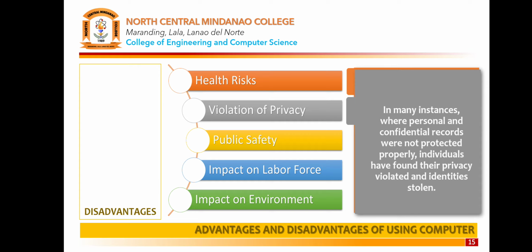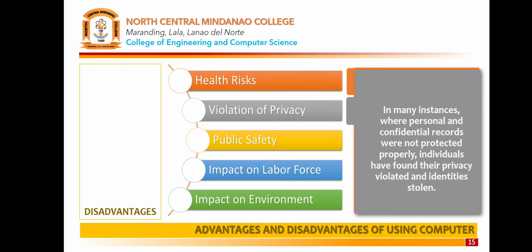In many instances where personal and confidential records were not protected properly, individuals have found their privacy violated and identities stolen, what we call phishing, where your name and your information are used to steal, like your identity is stolen and used to do bad things. So in short, our privacy is being violated.